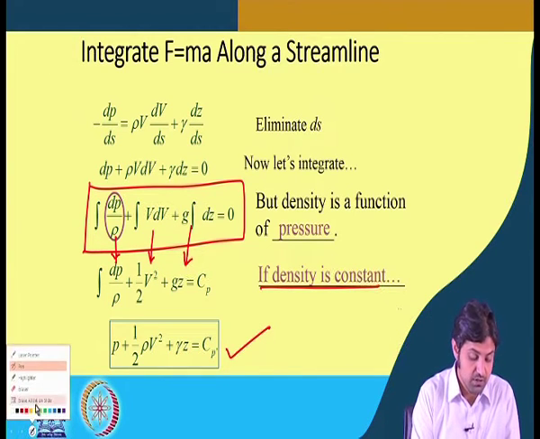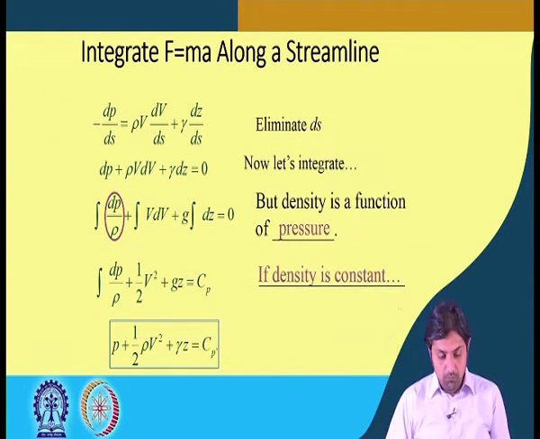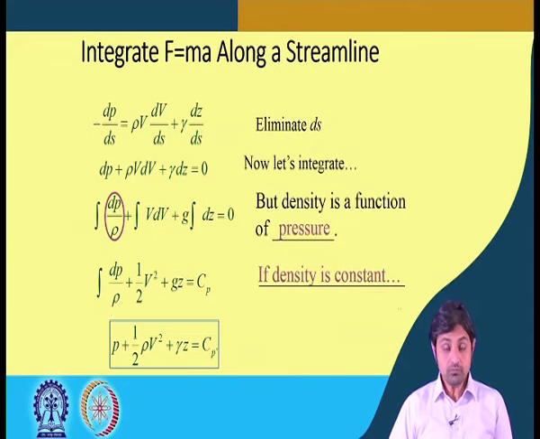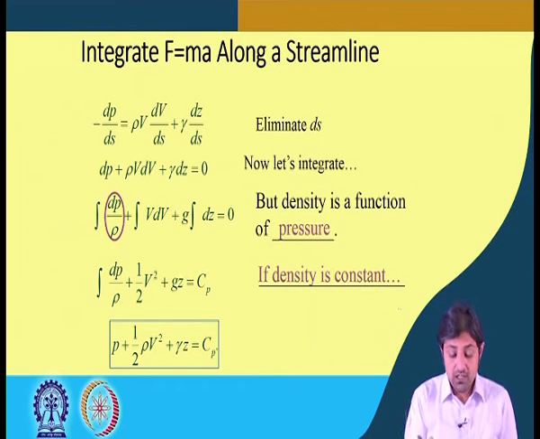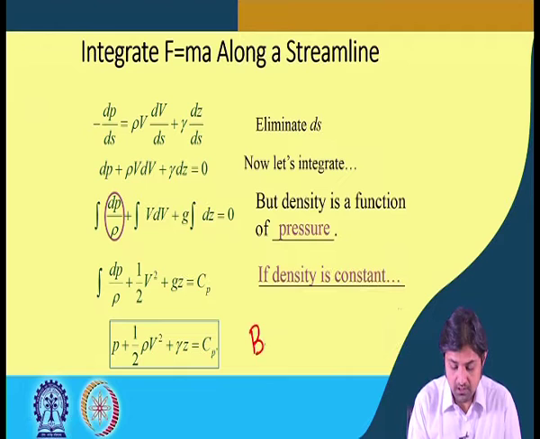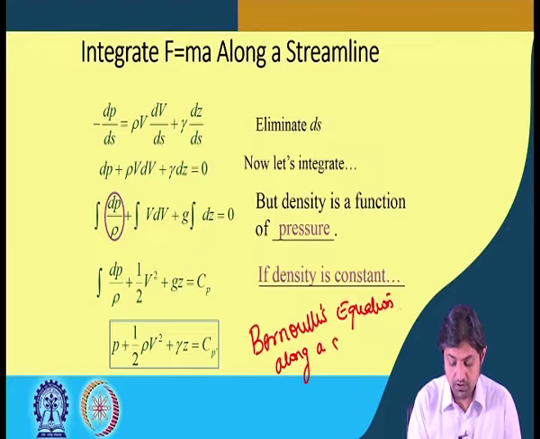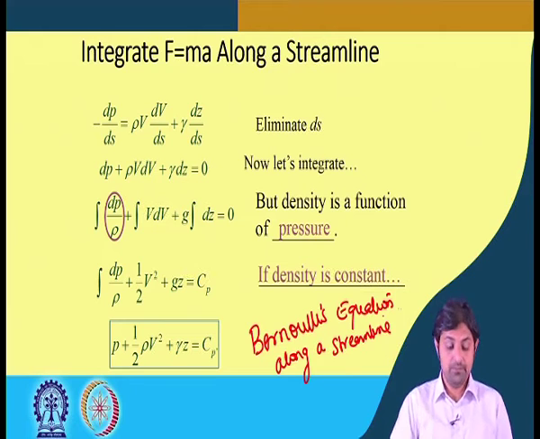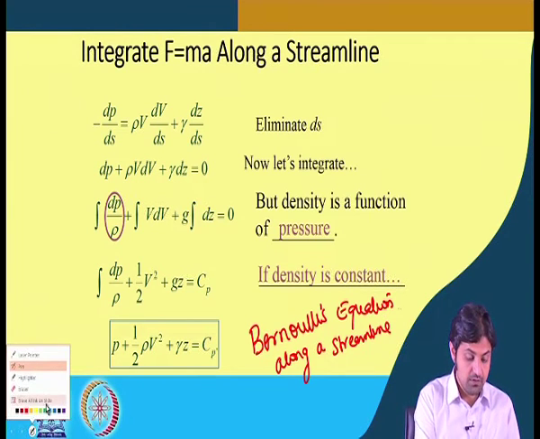So what we have done is we have written the equation along the streamline, applied force is equal to mass into acceleration along a streamline, integrated it, and we have obtained Bernoulli's equation along a streamline. Okay, this is one of the ways of the derivation.